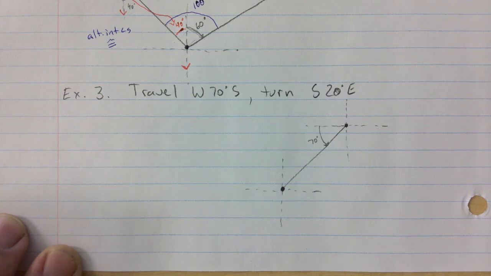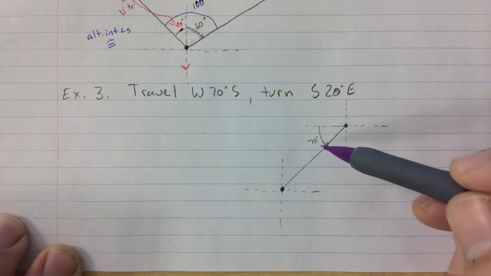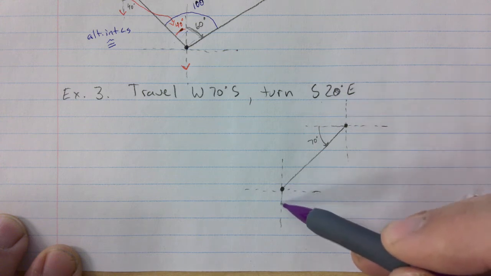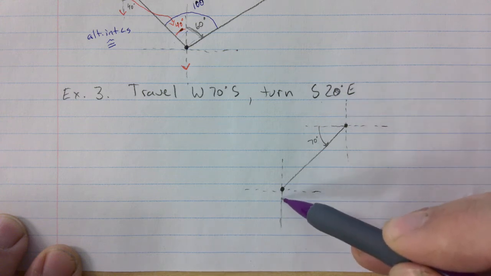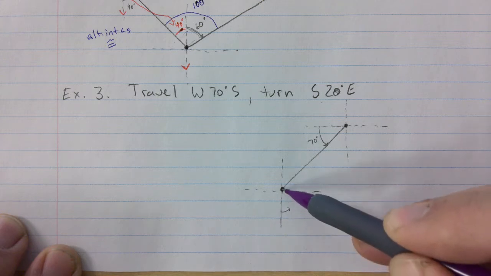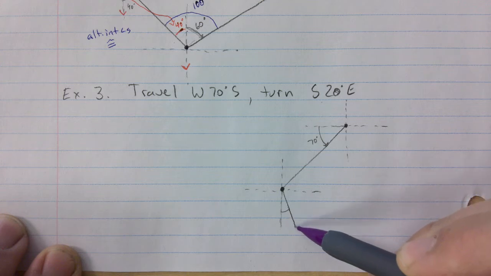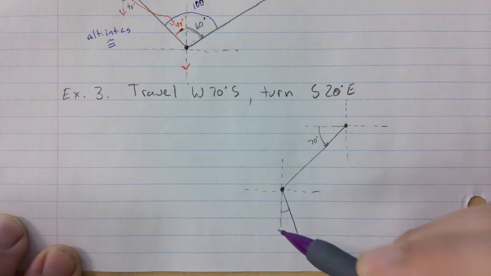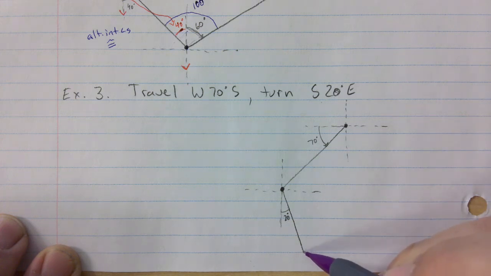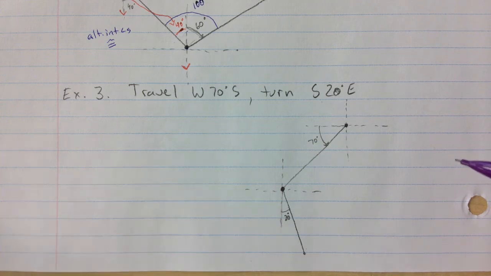It follows you wherever you go. So we're turning south 20 east. So this is my south line, and I'm just turning 20 here, right? So 20, it's not quite as bad, right? So there it is. So the 20 comes in here. And I just stopped there because I don't know, right, where I'm going.